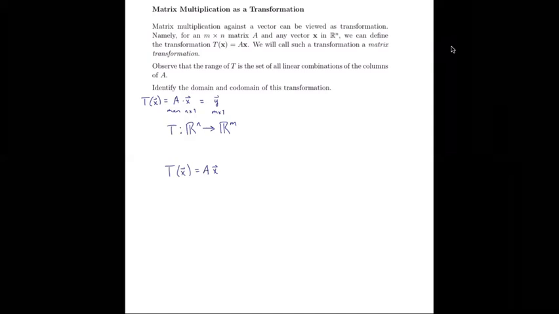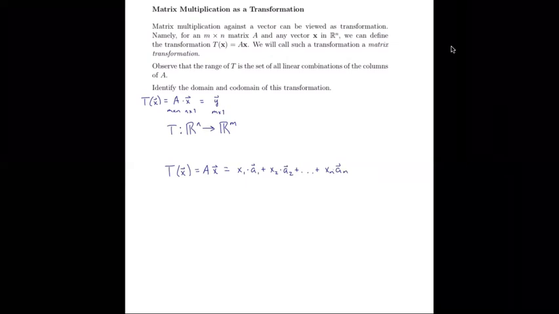And remember that A times x, if we rewrite this in its vector form, looks like this: x1 times a1 plus x2 times the second column of A, remember this notation from previous sections, and xn times the vector an.